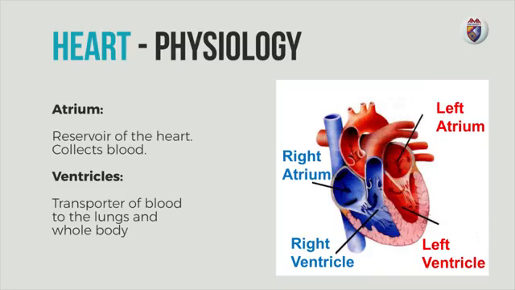Let's look at how each of these chambers of the heart function in the body. To put everything in its simplest form, both the right and left atrium serve as reservoirs of the heart. These sections of the heart collect blood that is ready to be transported to the ventricles of the heart, while the ventricles are the chambers responsible for transporting blood to the lungs and to the different parts of the body.